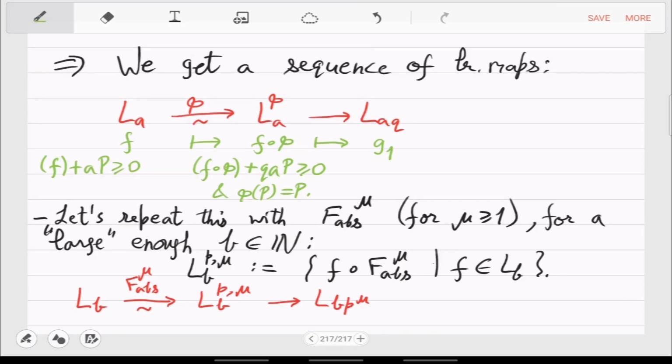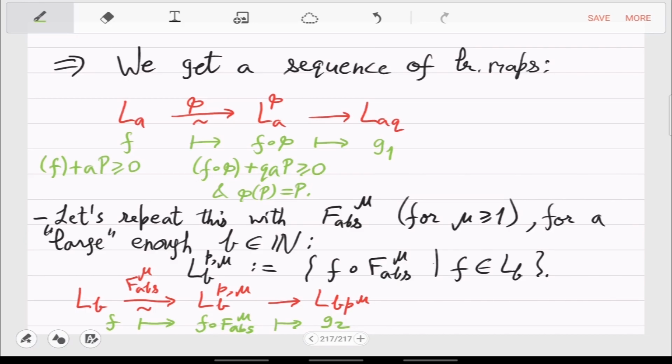Properties are very similar like before. So F is being mapped to this, which is being mapped to some function G. I mean, it's the same function. It's now a function in LBP mu.